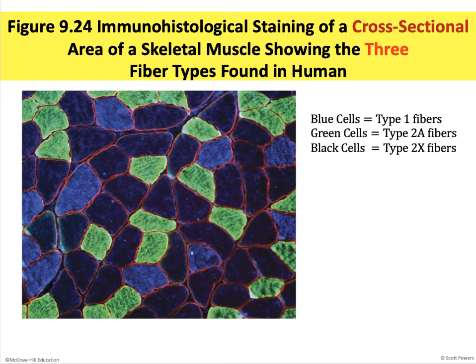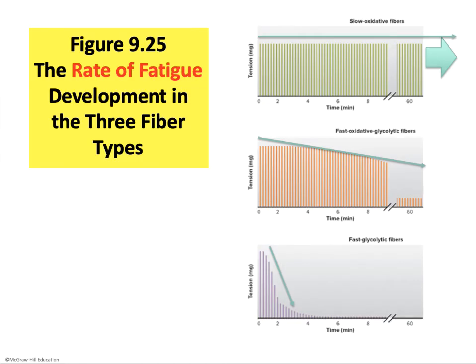Figure 9.24 shows a typical skeletal muscle cross-section, and by using different staining techniques, we're able to identify the three types of fibers. So the blue cells are type 1 fibers, the green cells are type 2A, and then the black cells, or the nearly black cells, are the 2X types. Figure 9.25 graphically illustrates the fatigue rate of the three types of fibers.